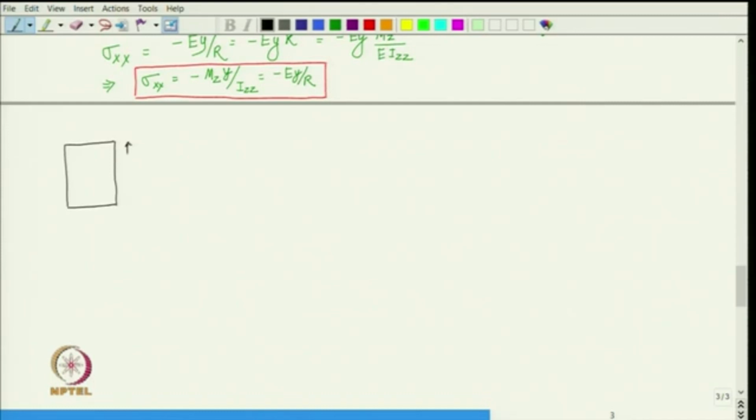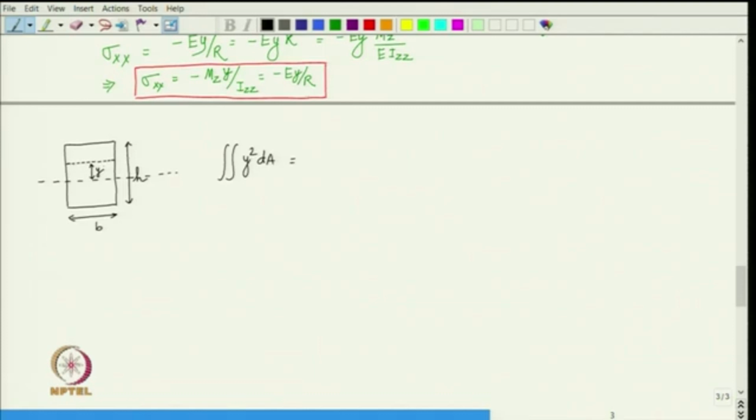Suppose that this is the height h and that is the width b, and here we have the neutral axis, and we have to find out the integration of y square dA. So, in this case you can see that any point on this line has the same y, is it not?